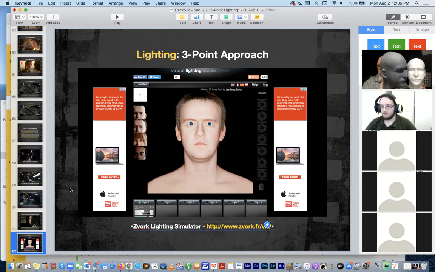So I took some neutral gray, I think it's primer, and I sprayed Mr. White gray so that I can use the gray head to experiment with lighting.